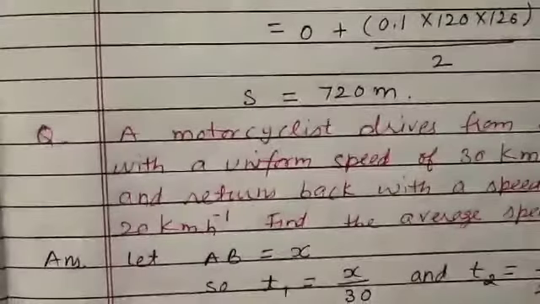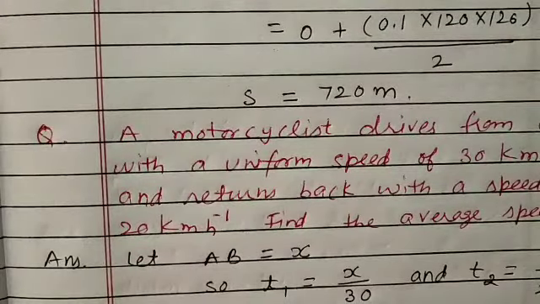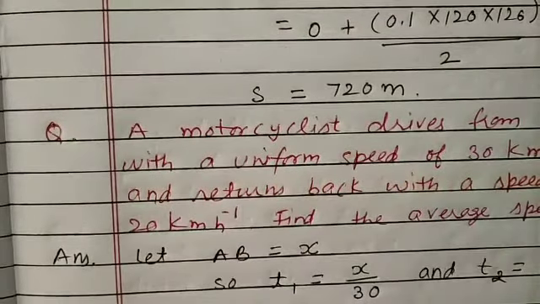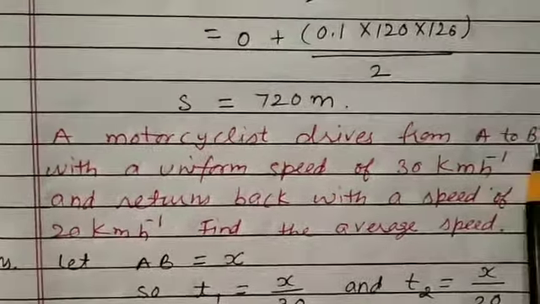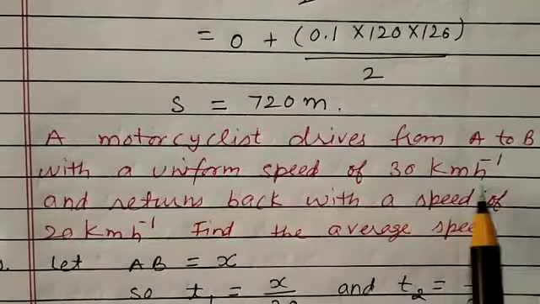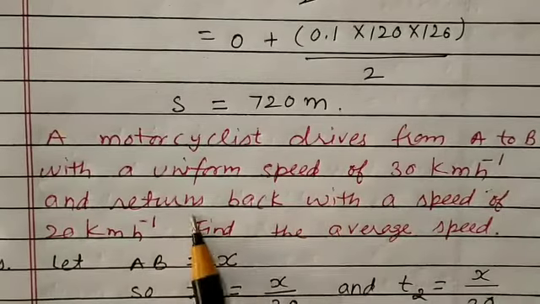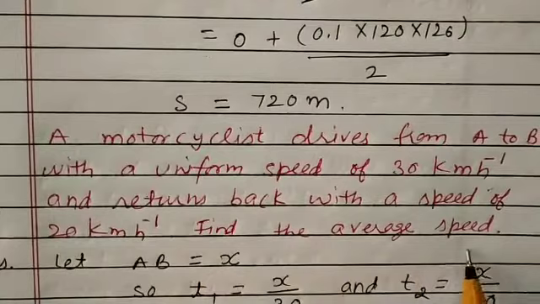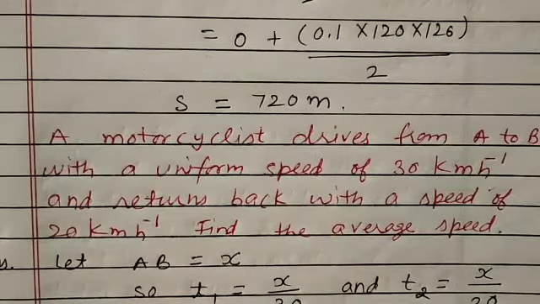Next we have the third question. A motorcyclist drives from A to B with a uniform speed of 30 km per hour and returns back with a speed of 20 km per hour. Find the average speed. This is a question on average speed.